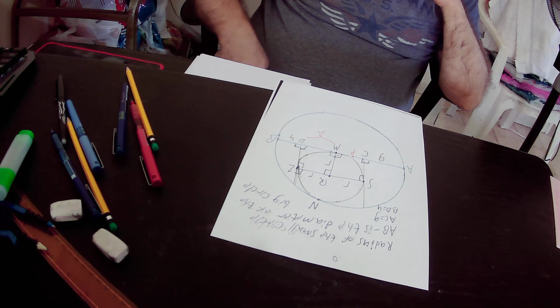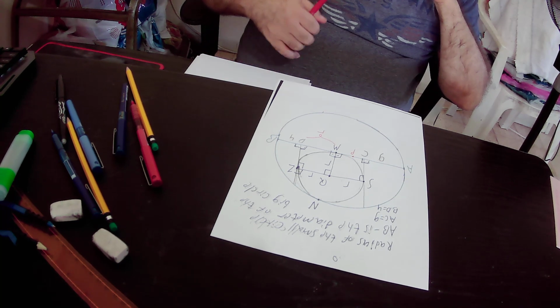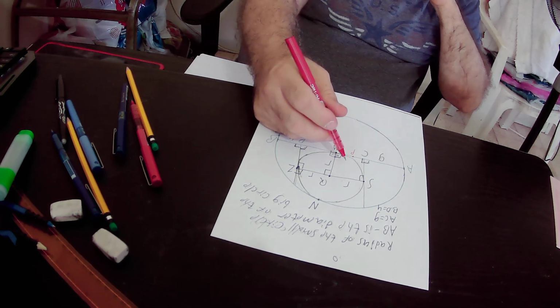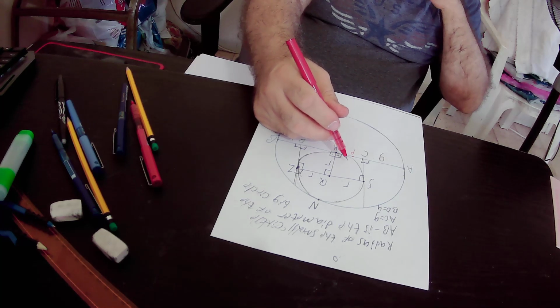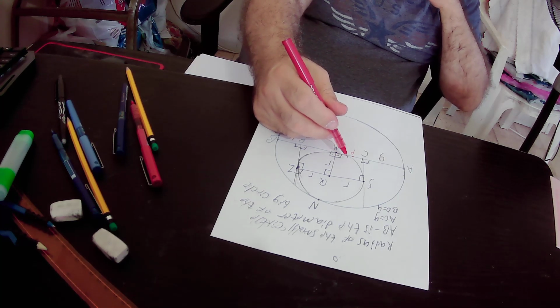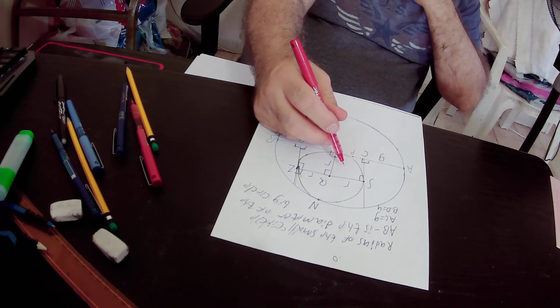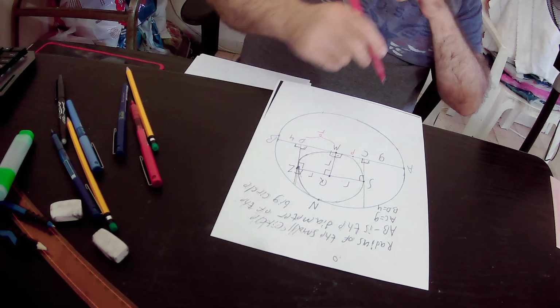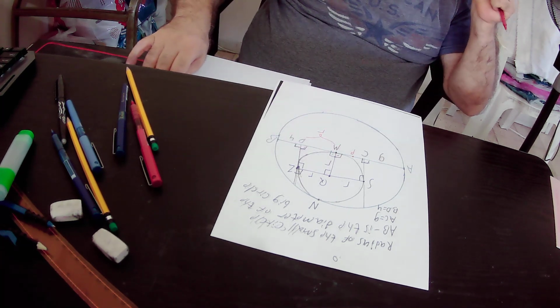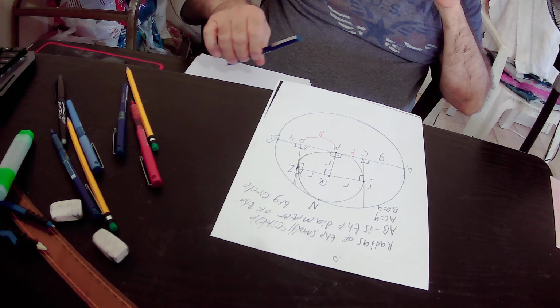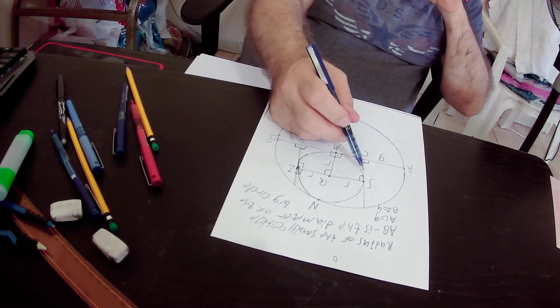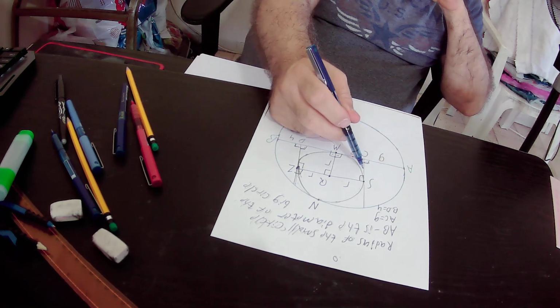Okay, so on quadrilateral SQCM we have 3 right angles, and according to rule number 2, the sum of the angles in a quadrilateral equals 360 degrees, and we have already 270 degrees.